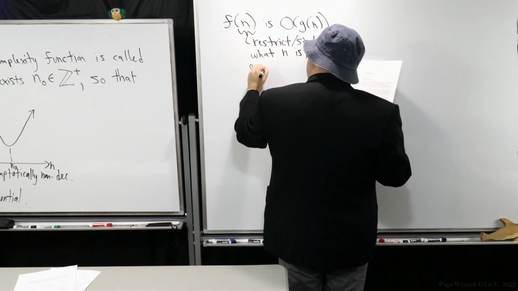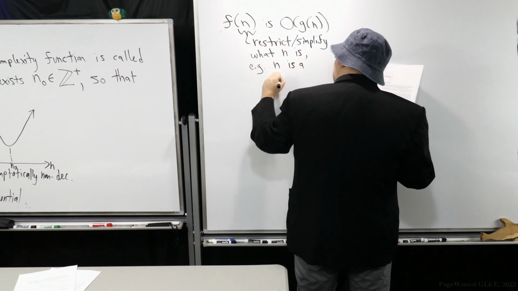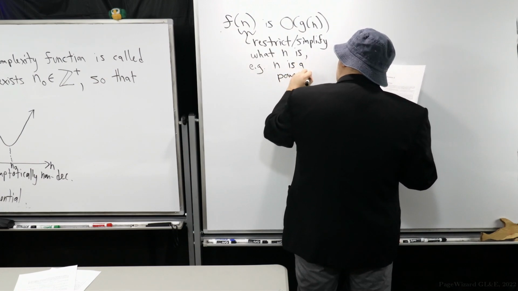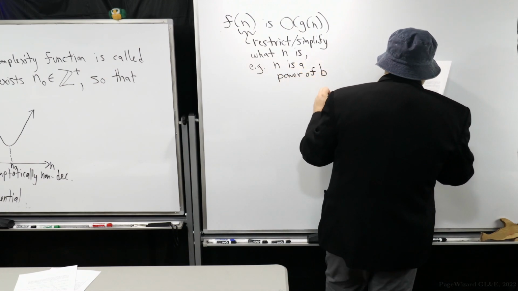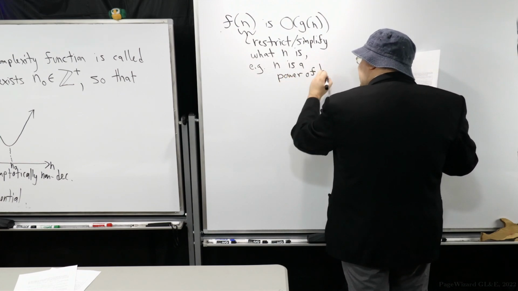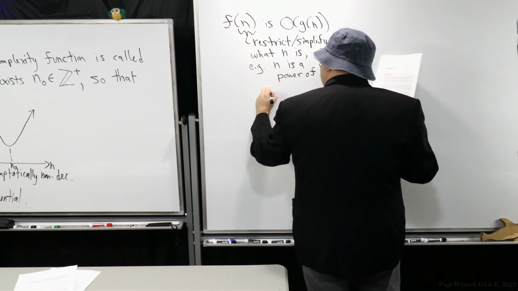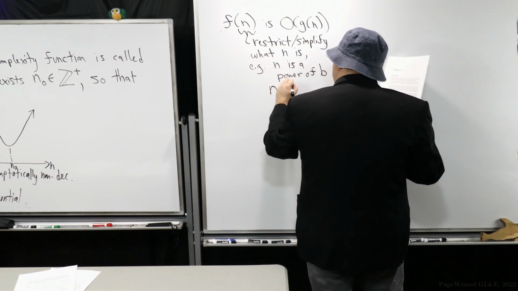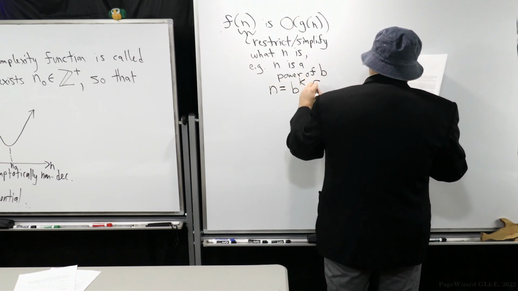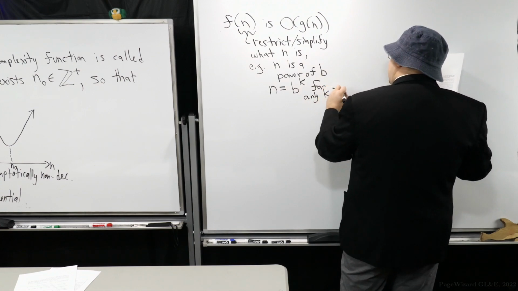For example, the one that I'll focus on here is when n is a power of b, and this b is some fixed integer constant for us. So what I'm saying is that n is equal to b to the power of k for any k greater or equal to 0.